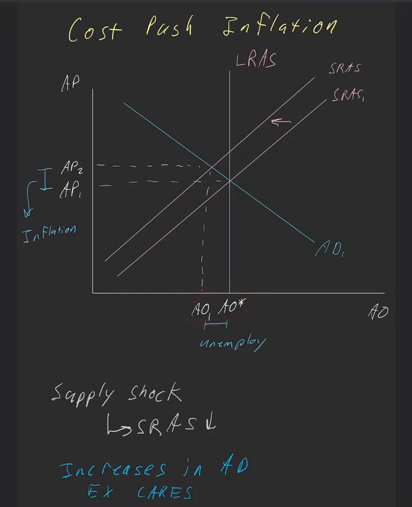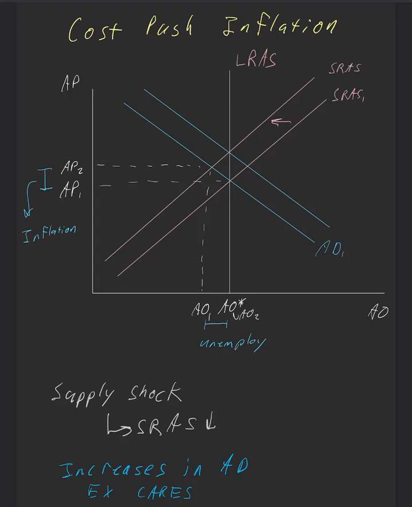So what happens? Well, there comes a point now where the government has to decide how it's going to react. If it enacts a stimulus, it can increase aggregate demand and drive us back to our equilibrium. So we'll get back here, call this AO2.